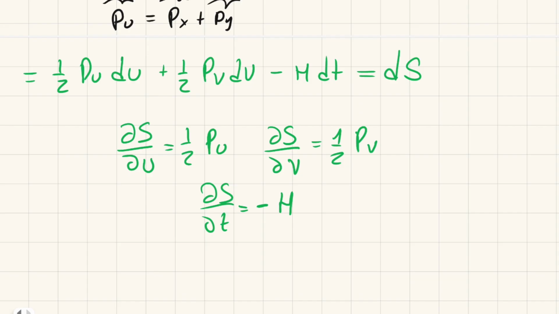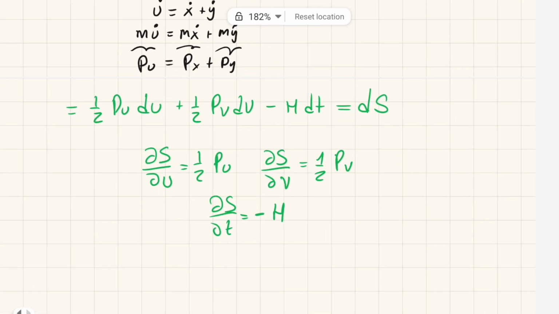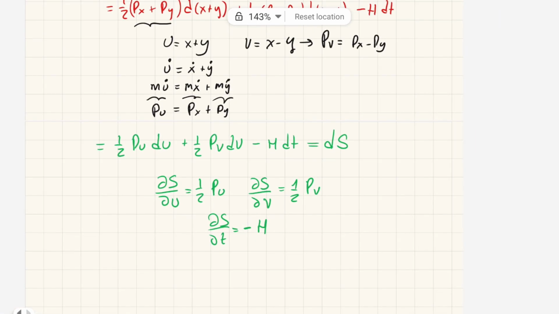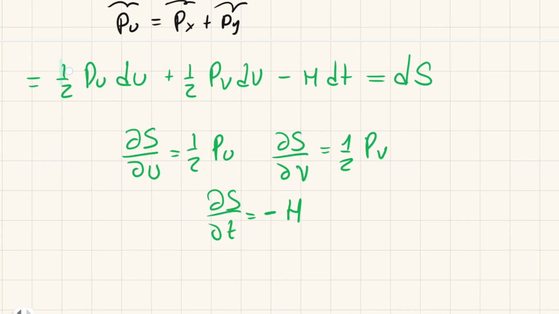It's not a topic that we are going to study today, but it is necessary to satisfy these equations to be a generating function of canonical transformations that is also a solution of the Hamilton-Jacobi equation. So with this, we have a structure, the total differential of that solution S.